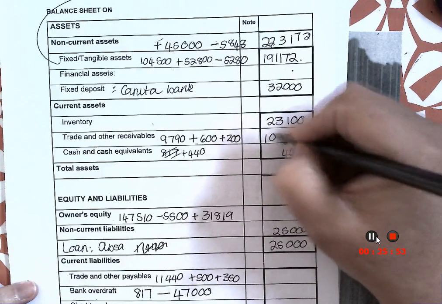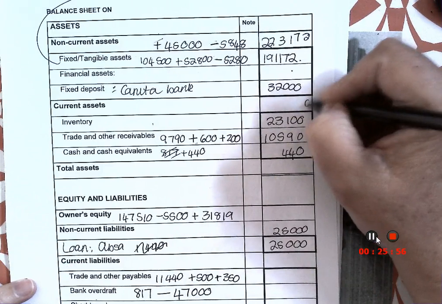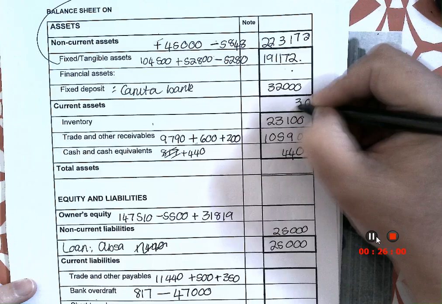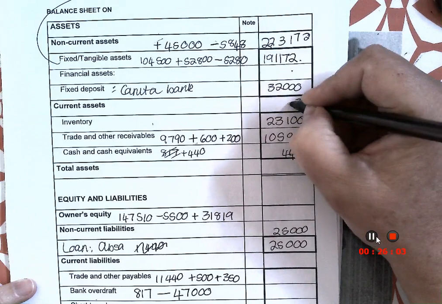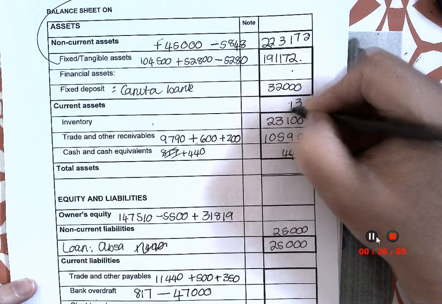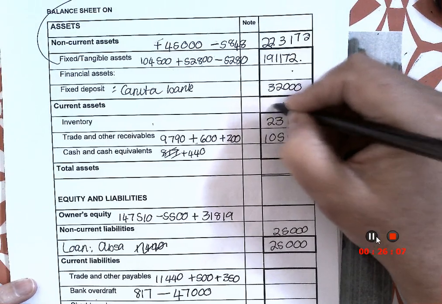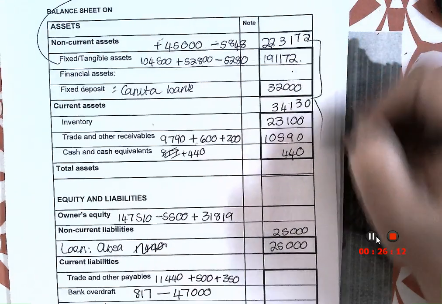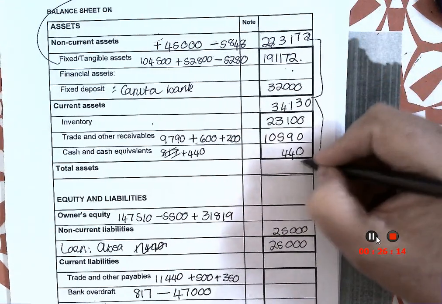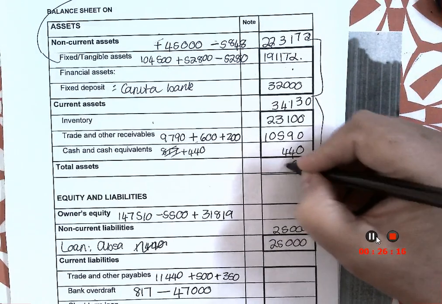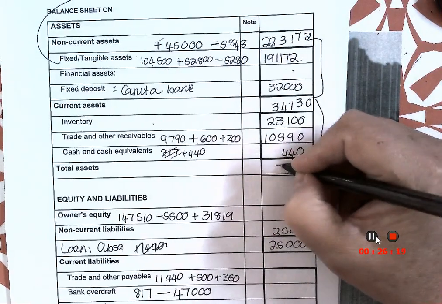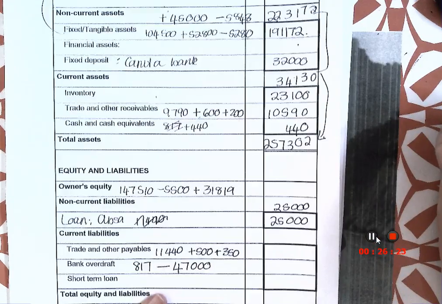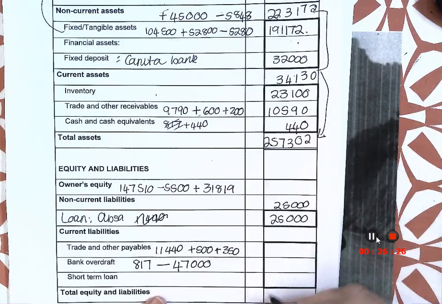Block and top. Is that right? Add those two to give me this one. Is this right? This one immediately goes to the bottom here.